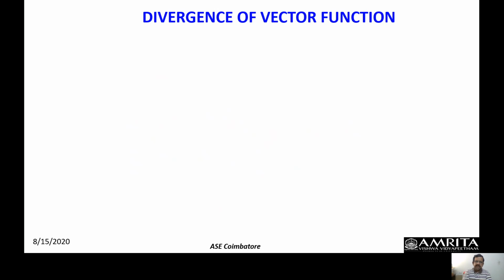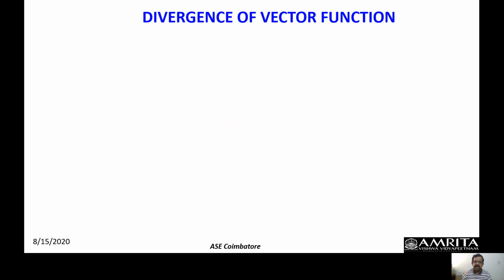As the name suggests, divergence is basically taken on a vector function. Very similar to a normal vector that we know, like vector A equal to x hat plus y hat plus z hat, the del operator can also be written in the same manner.